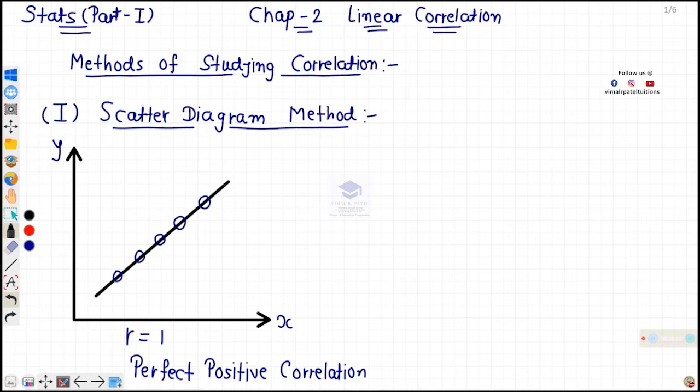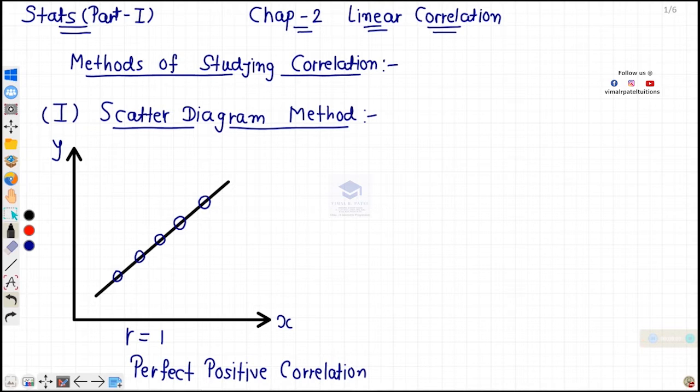Here the change will be in the same direction, in the same proportion. If the value of x increases by 2 units, then the value of y will increase by 4 units, for example. If the value of x increases by 4 units, then the value of y will increase by 8 units. So the change will be in the same direction, in the same proportion. All the points will be on a line. That's why it is known as perfect positive correlation.